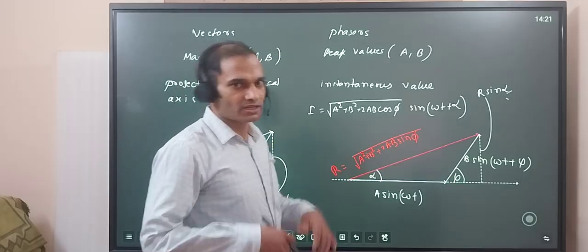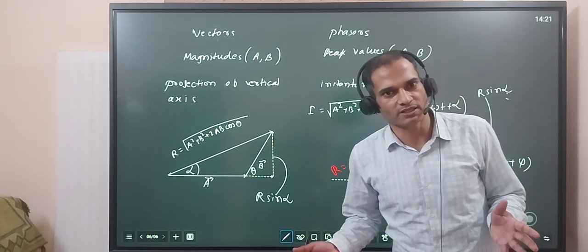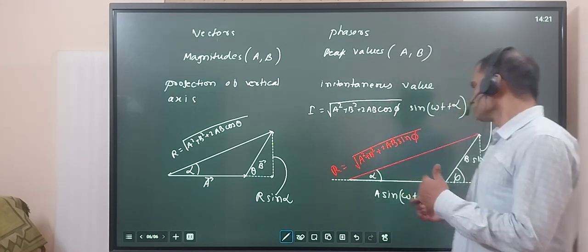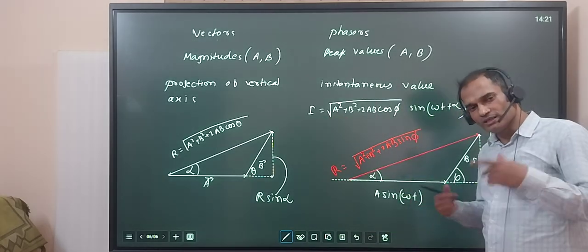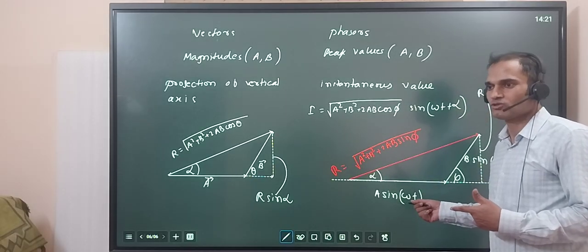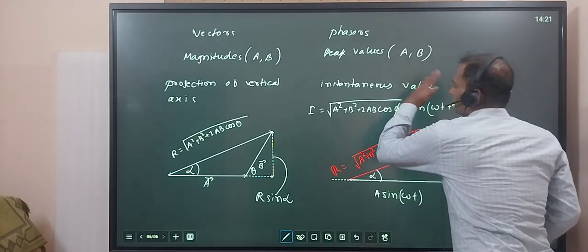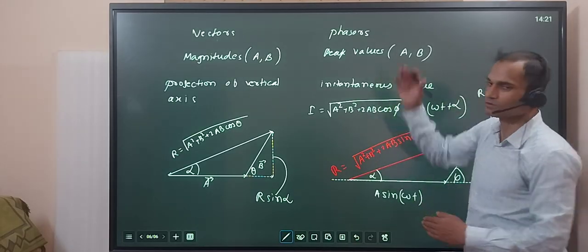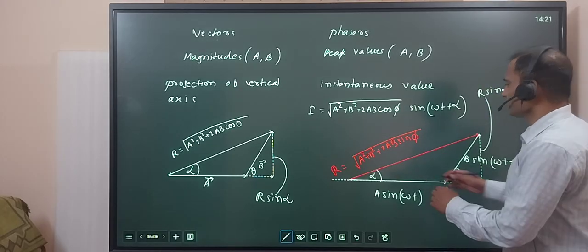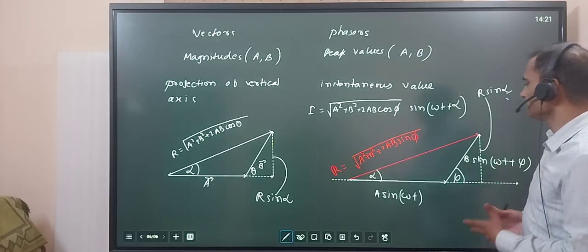Now one more thing, phasors are rotating vectors in space. When the time changes, this angle will increase by, let us say, pi by 2. Both vectors will turn, and the resultant will also turn by 90 degrees, everything will turn by 90 degrees.